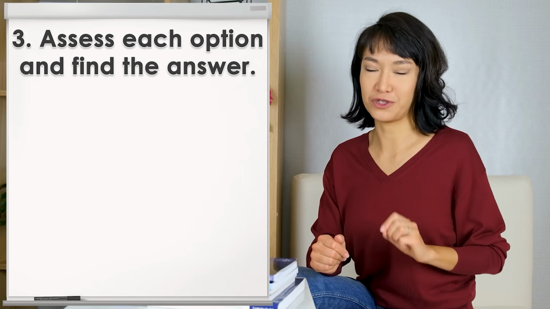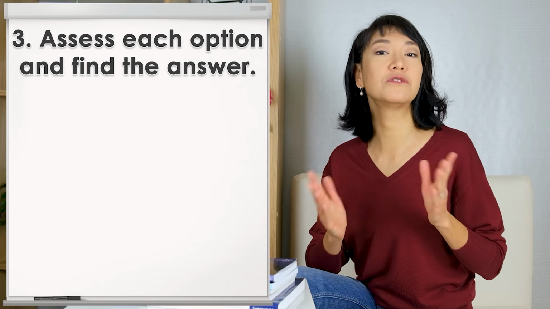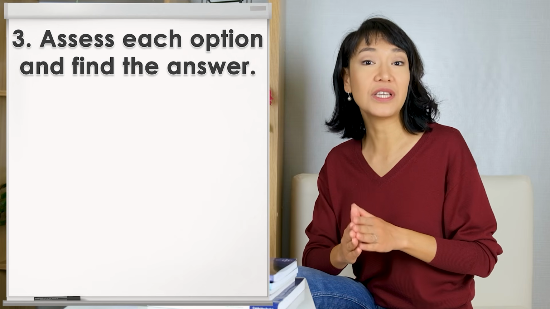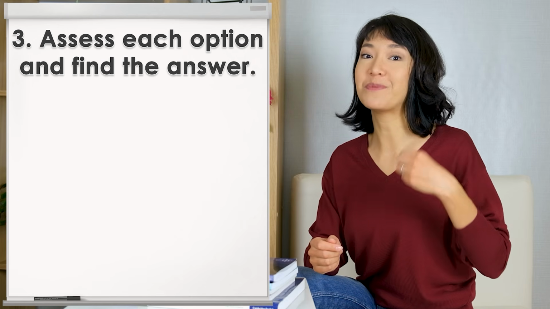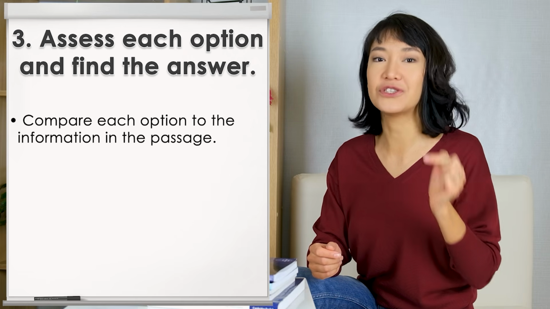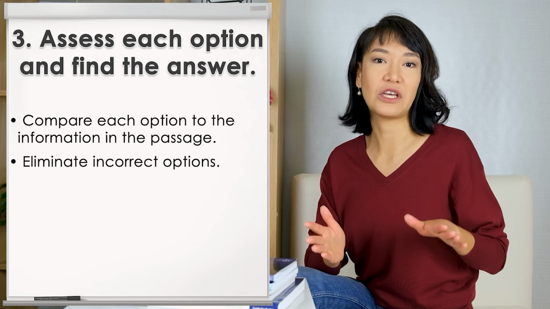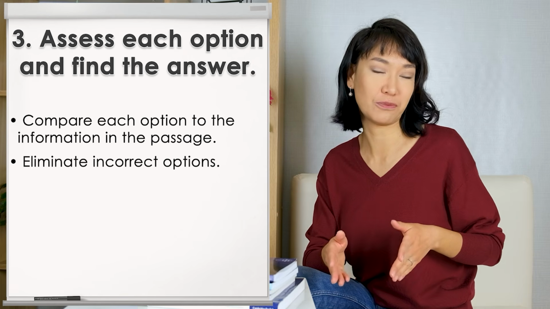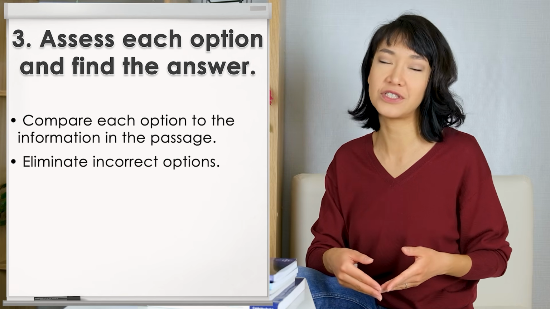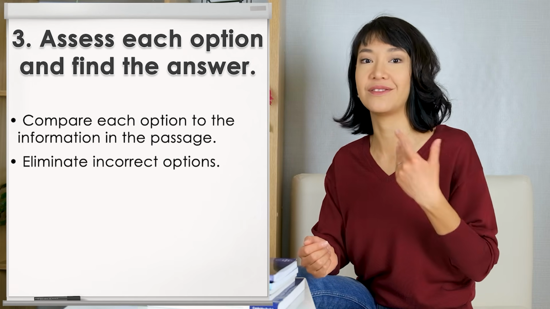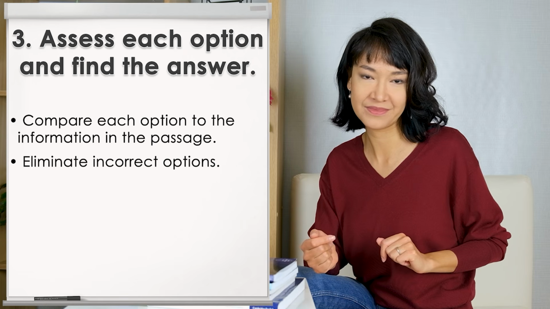That's why you should assess each option. All or most of the options are usually discussed in the passage. You should take each option one by one and compare it to the information in the passage. Eliminate or cross out incorrect options. This will help you narrow down your choices and increase your chances of selecting the correct answer.